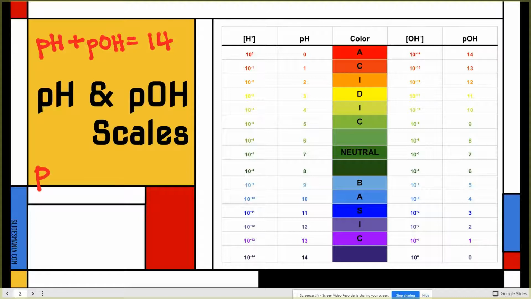So pH, guys, is nothing more than 14 minus pOH. Or if you wanted the pOH, that is nothing more than 14 minus the pH. That's the formula that you're going to be working on today.